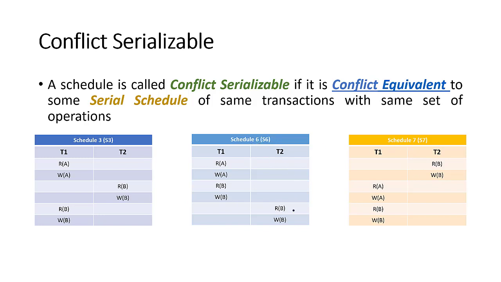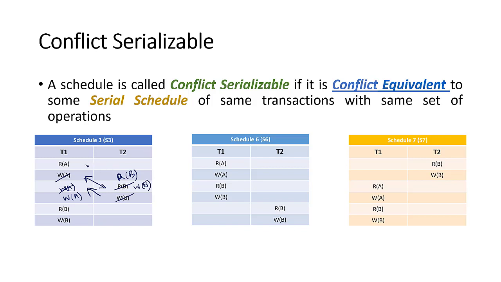So let us exchange the non-conflicting operation. These two we can write this. Then these two are non-conflicting operations, so we can swap them. So we can write next. These two will be non-conflicting operations.